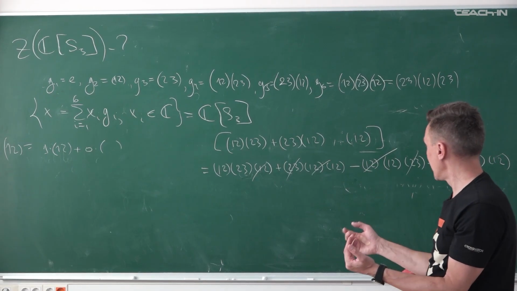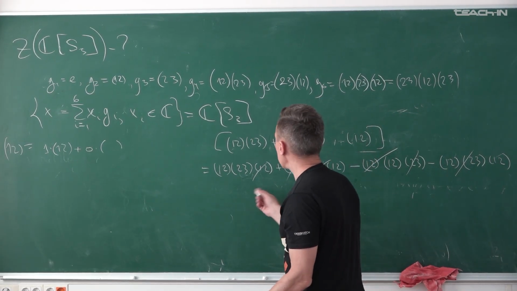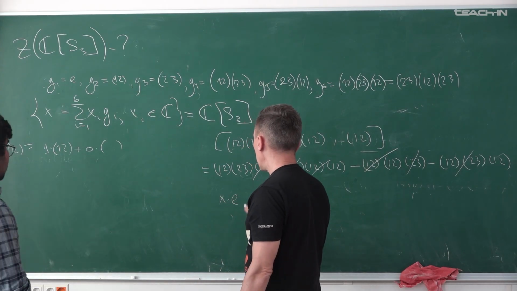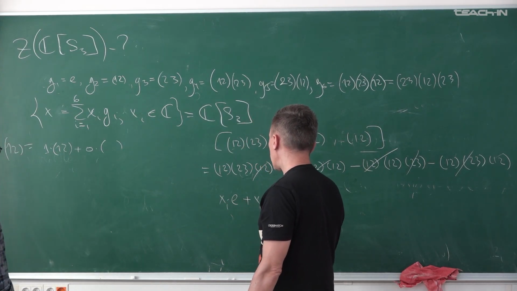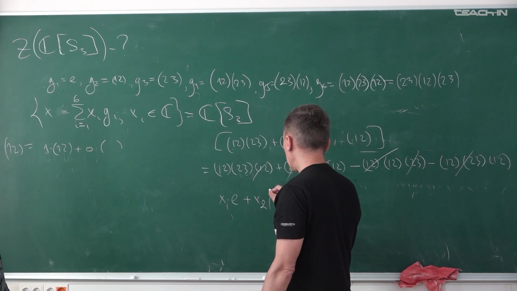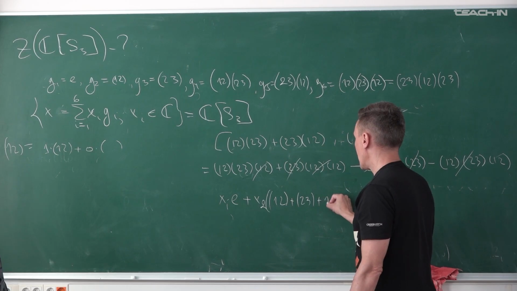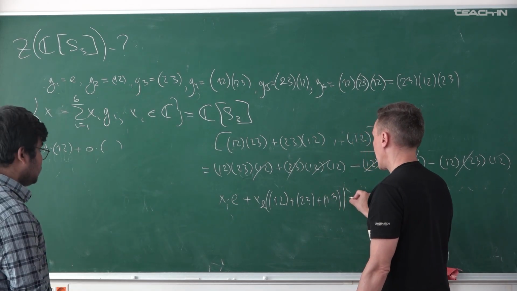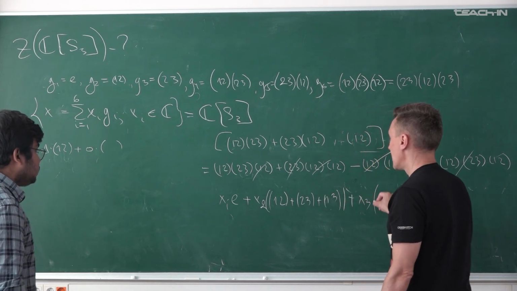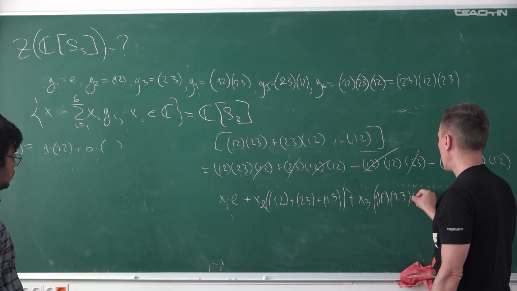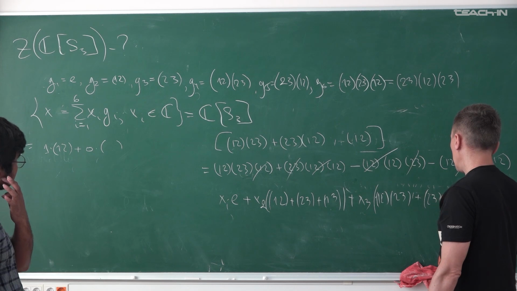It will tell us that we should take the element x1, 1, 2, plus 2, 3, 1, 3, plus x3, 1, 2, 2, 3, plus 2, 3, 1, 2.